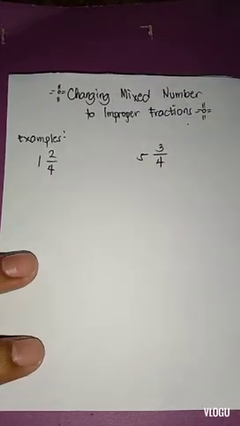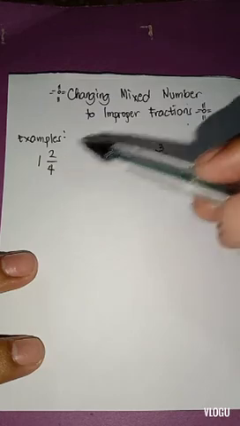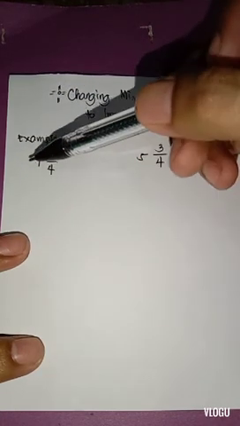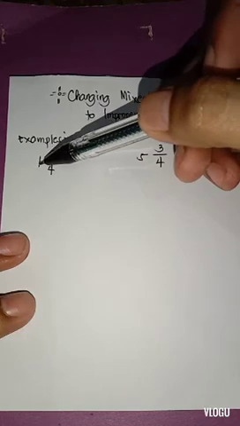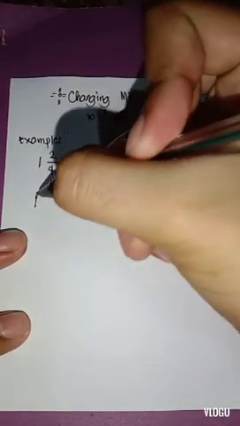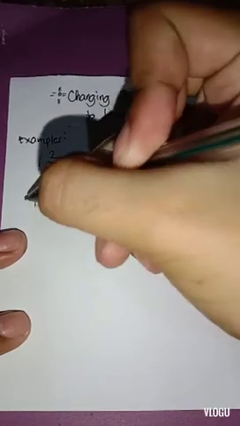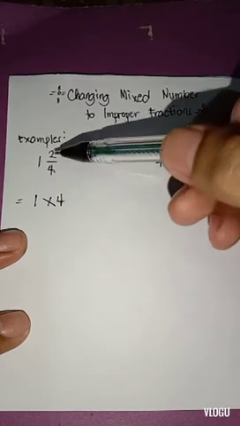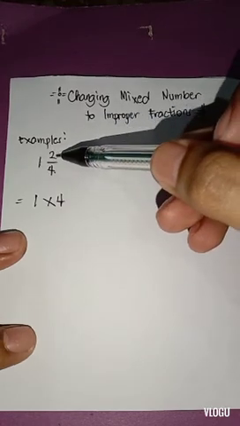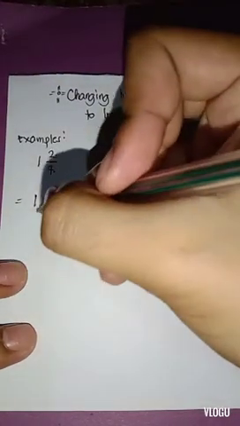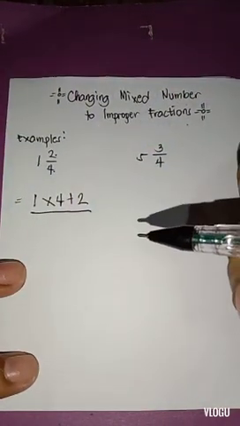So to change mixed number into improper fraction, ang gagawin natin is we will multiply first the whole number by their denominator. So 1 times 4, ito na yung solution. And then i-add natin itong si numerator plus 2 over, huwag kakalimutan itong ating denominator, so 4.